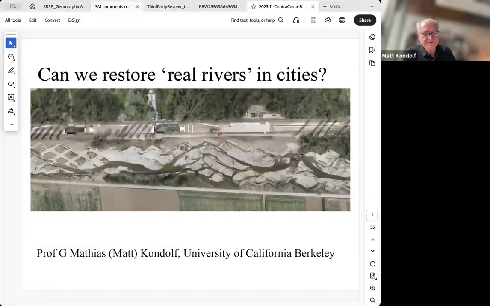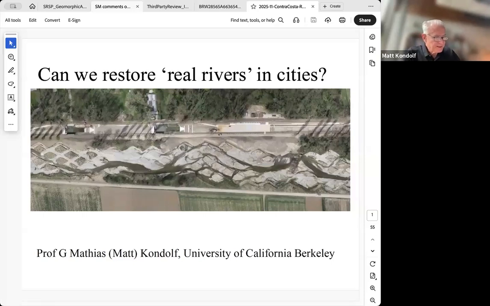So I want to ask the question about whether we can restore real rivers in cities. This question comes about just because I think that we often recognize that we're very constrained in what we can do in many urban areas.